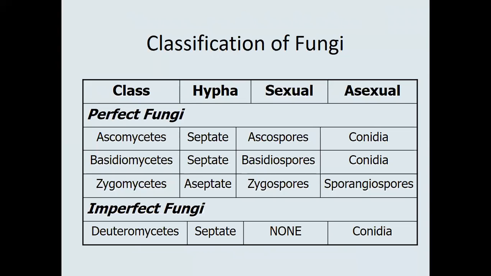The ascospores for ascomycetes, basidiospores for the basidiomycetes, and the zygospores. But then look down at that deuteromycetes group. That's the group where we do not know about their reproduction structures. So they're not really classified in a really accurate way at the moment.